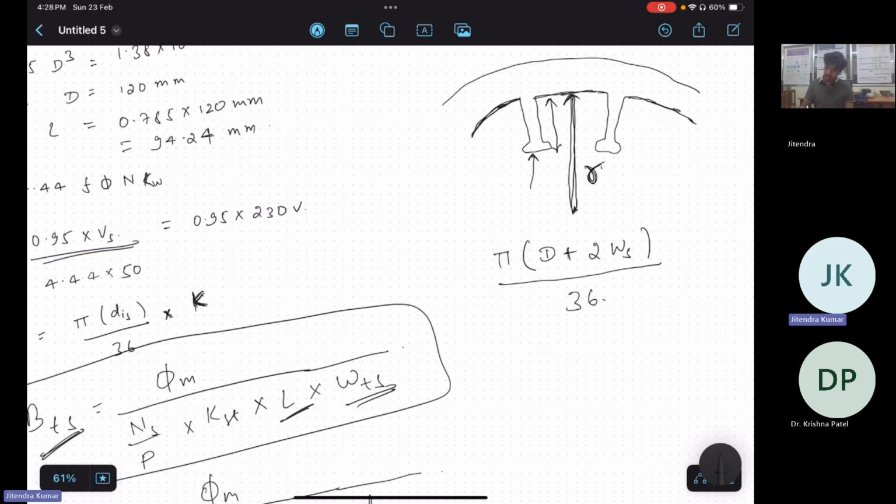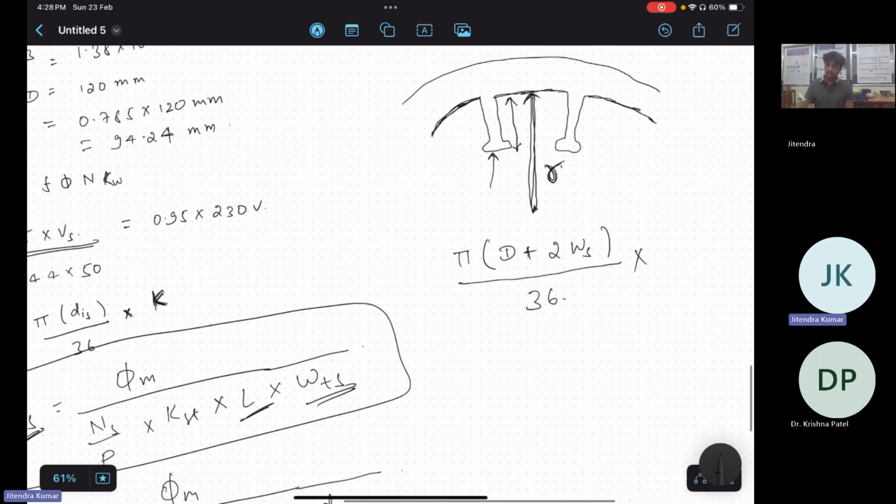We also have one factor multiplied with it, because not the entire slot pitch will be occupied by the tooth width and slot; there will be some insulation, and for that we have considered a factor of 0.3. If it is not given, we have to consider 0.3.